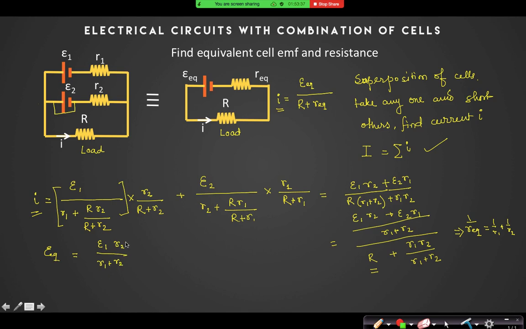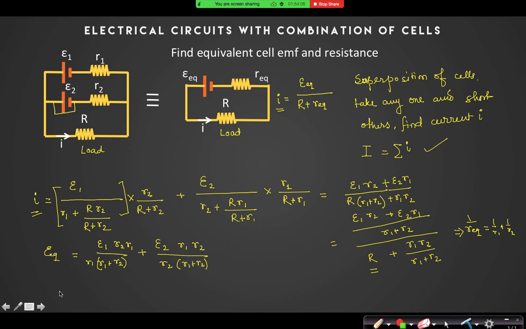So I can multiply it with R1 and this one with also R1 plus E2 into R1 R2 divided by R2 into R1 plus R2. Can you see that? Yes, sir. Why I have done that? Because I can take this R1 R2 by R1 plus R2 common.